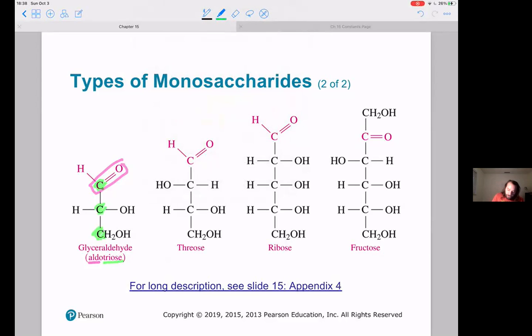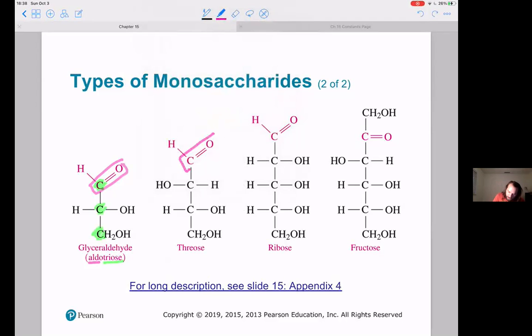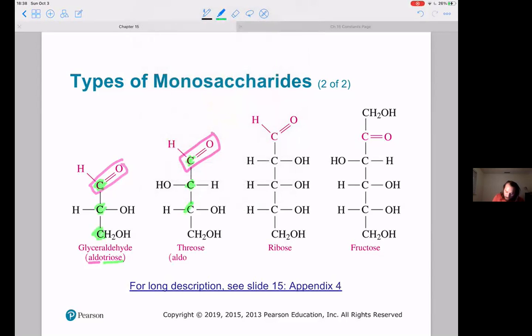What about threose? I see this aldehyde functional group, so it should be an aldo. And then I have 1, 2, 3, 4 carbons, so it's an aldotetrose, tetra meaning 4. Ribose: again, I have that aldehyde functional group, so that is an aldo. And how many carbons? 1, 2, 3, 4, 5.